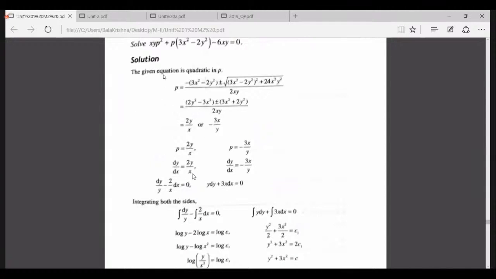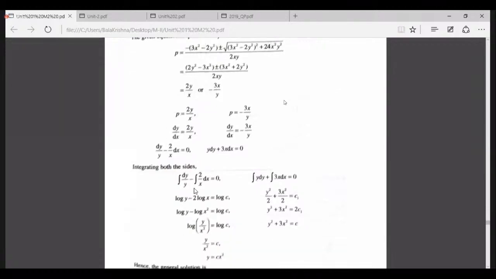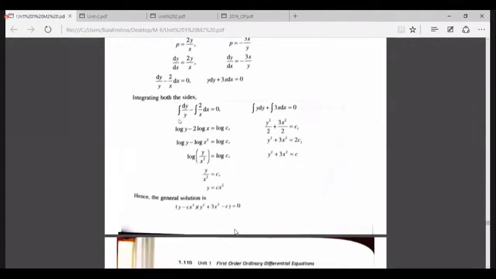By variable separable method, this will be 1 by y dy minus 2 by x dx equal to 0. Integrate them with respect to y and x, you will get the answer. Like this, for each factor you have to do. Once you have both together, that is nothing but your solution.